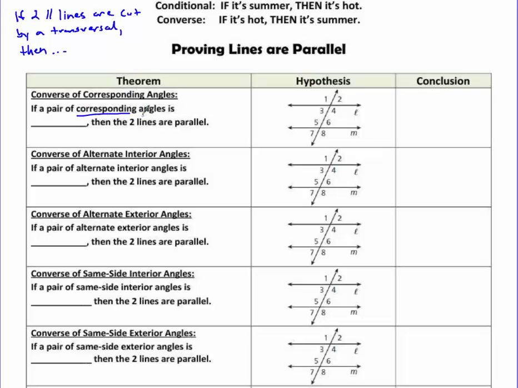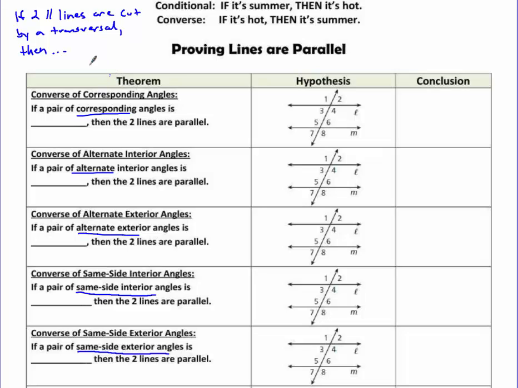The corresponding angles are congruent. The alternate interior angles are congruent. The alternate exterior angles are congruent. The same side interior angles are supplementary. And the same side exterior angles are supplementary. So you've heard all of these theorems before. We're just reading them backwards now.